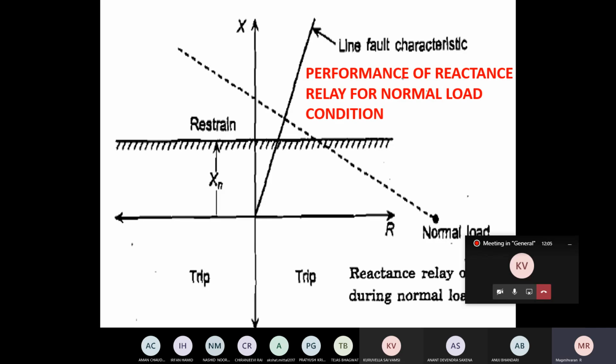We understood this using the graphical method: the increment in delta moves the impedance seen by the relay towards the operating region of the simple impedance relay in the RX diagram.